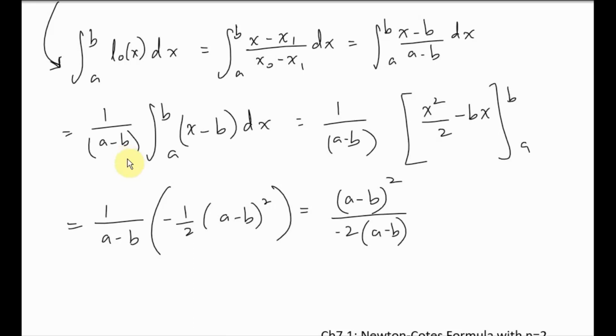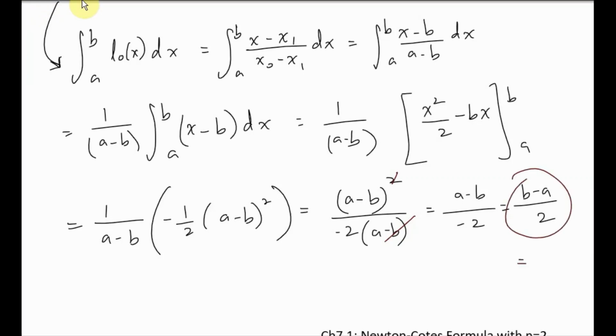We can do the division here. They cancel each other out, and we're left with a minus b divided by negative 2, or we can also write this as b minus a divided by 2. This is equal to the integration of L naught of x over the interval a to b.